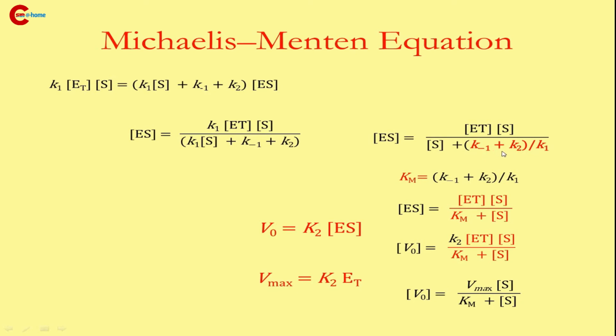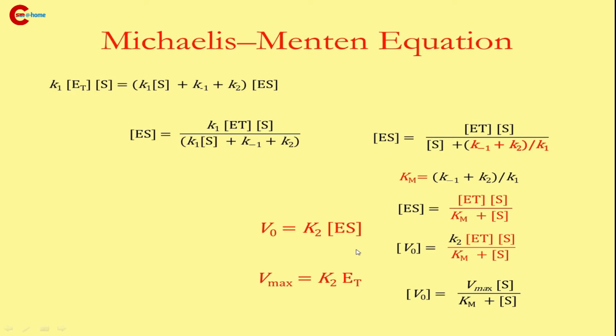What is this? K minus 1 plus K2 divided by K1 is equal to Km, the Michaelis-Menten constant that we studied. We can substitute this here. So ES equals ET S divided by Km plus S. And the initial velocity is equal to K2 into ES, which you know.